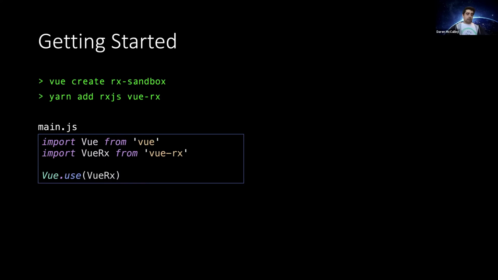So after adding these dependencies, the only other thing that you really need to do is import and use Vue-rx in main.js or wherever you prefer to call Vue.use. Before we get to work on our touch to drag load feature, I'm going to use my sandbox project to demonstrate some of the ways that Vue-rx makes using RxJS inside of Vue single file components easier and more, I guess, Vue linguistic, for lack of a better word.